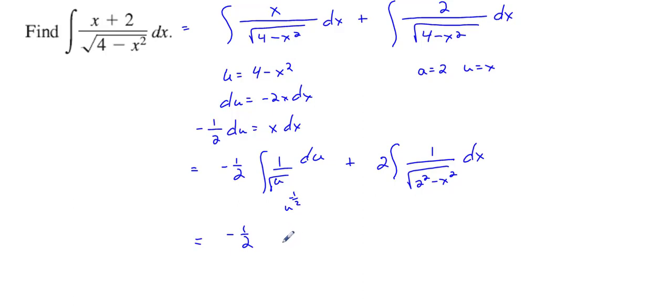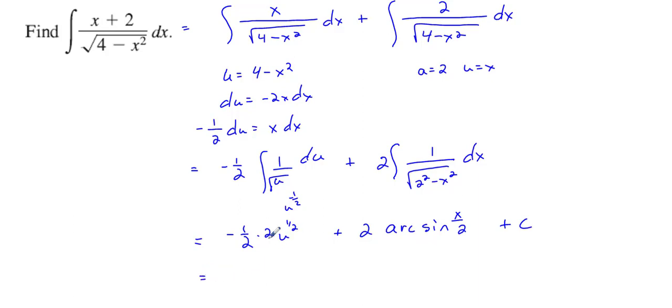So add 1 to the power, u to the half power, divide by the new power, which means multiply by the reciprocal, times 2. Plus 2, this is definitely an arc sine problem. An arc sine is just u over a, x over 2. And then plus c at the very end.